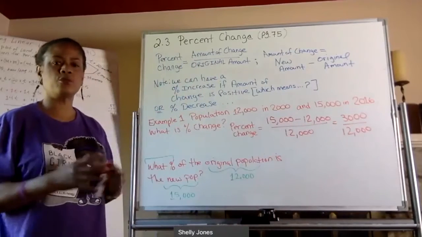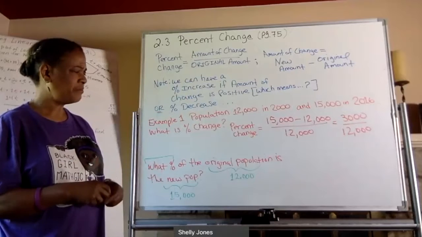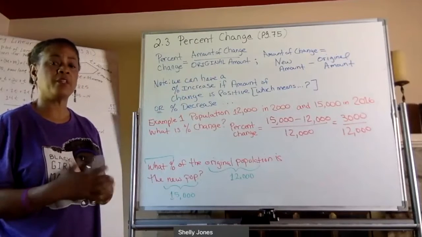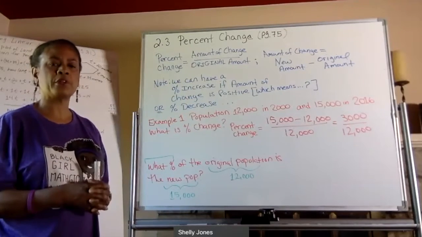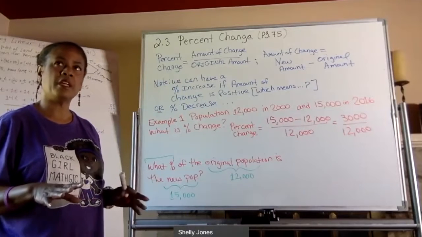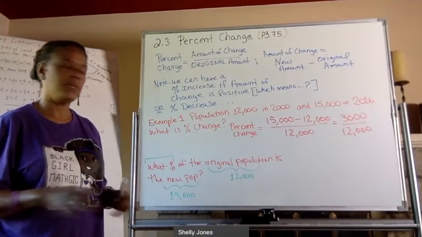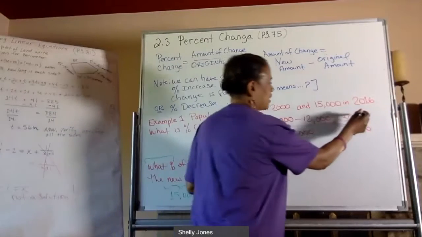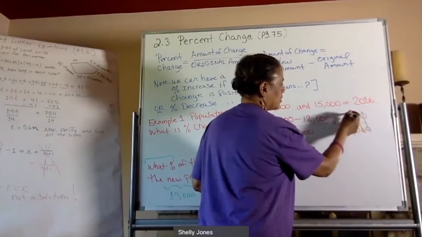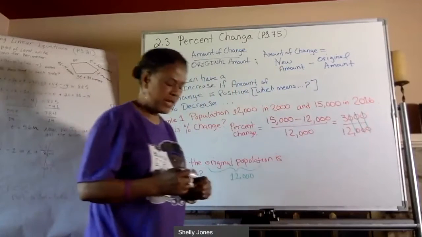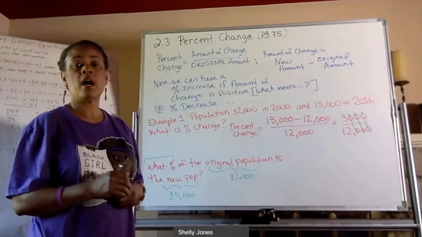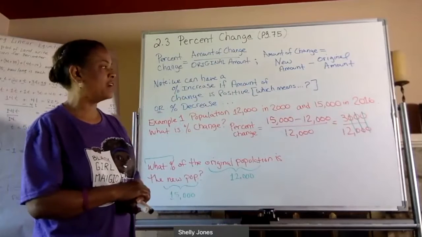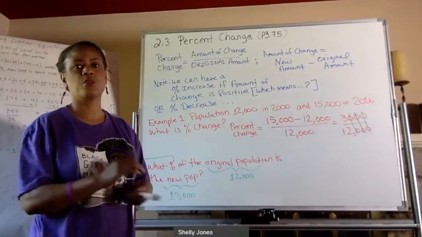If I had a calculator, I could use that, but we're not using calculators right now because we want to be thinking about the numbers and what they mean. So in this case, I'm going to just take off these zeros. Basically I'm simplifying 3,000 over 12,000 to 3 over 12.